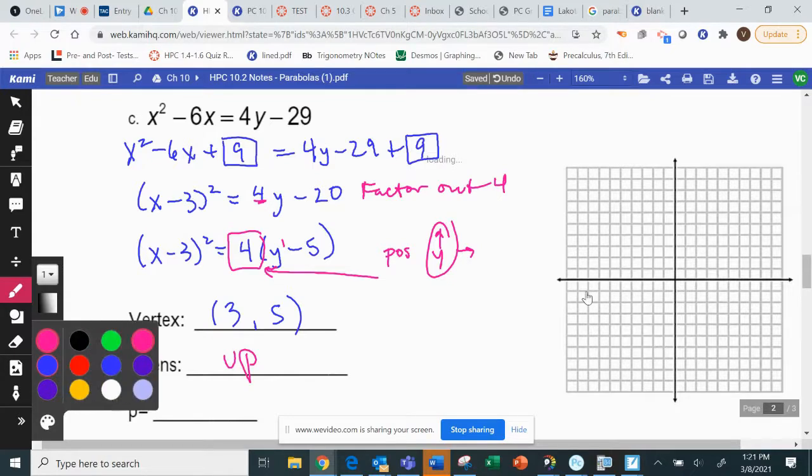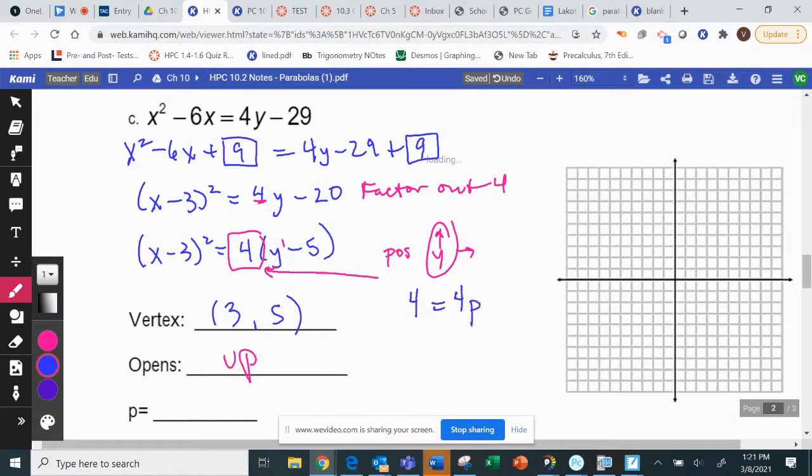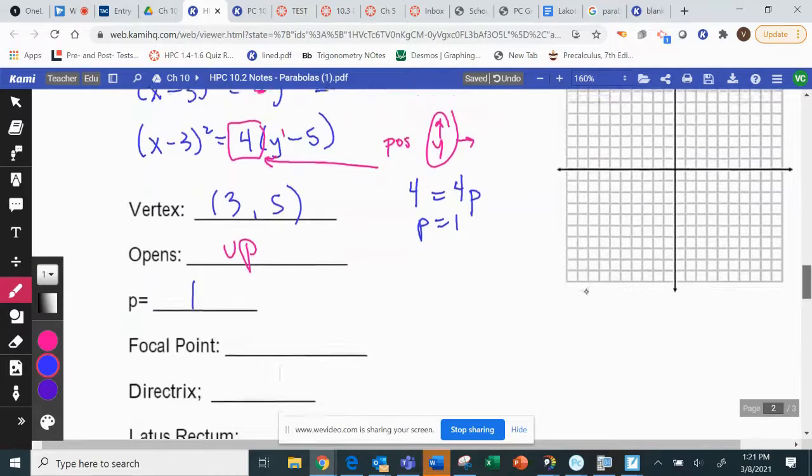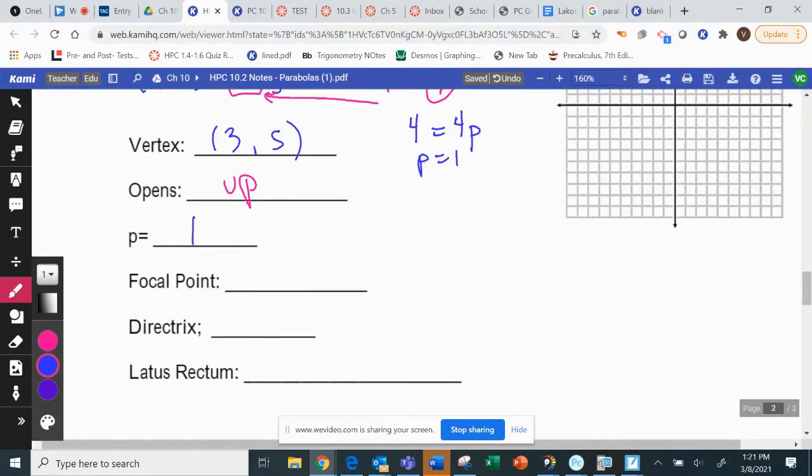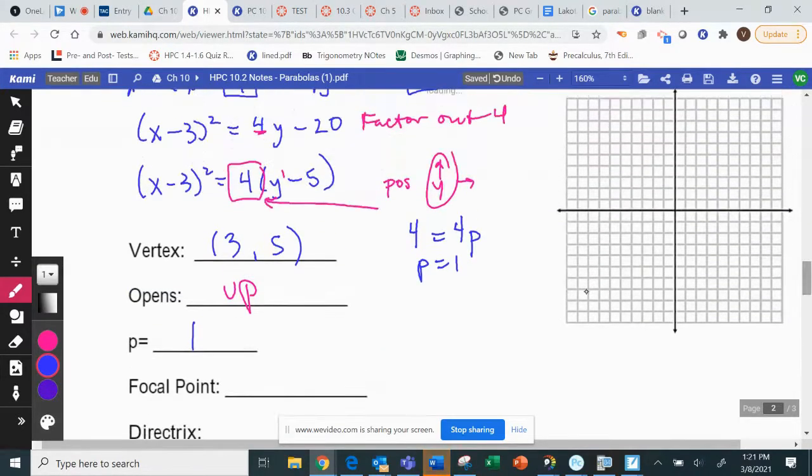To find your p-value, the number that is in front of the parenthesis, we set equal to the formula that says 4p goes there. So 4p is 4. What does p have to be? 1. Let me graph what I have so far. (3, 5).